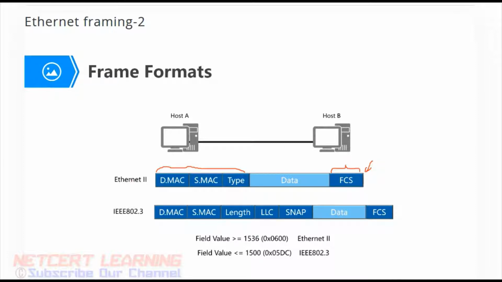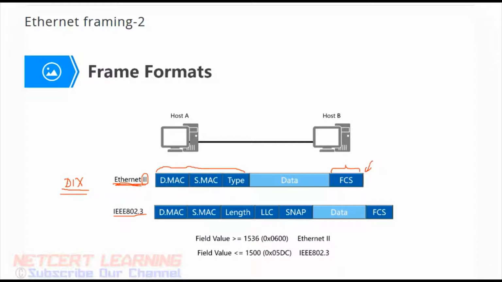And the header has two formats. One format is Ether2. Of course, Ether2 is also the most widely used format in today's Ethernet. Ether2 is also known as DIX Ethernet.